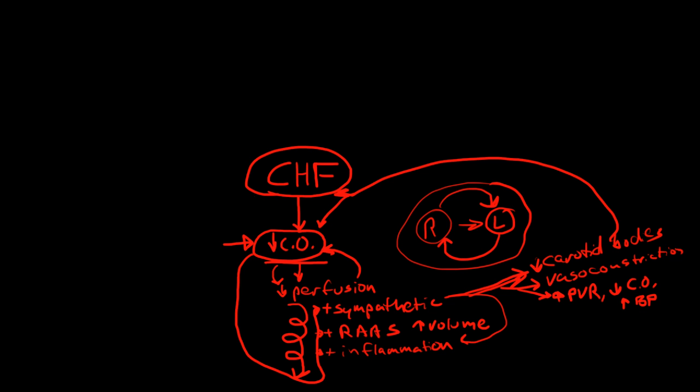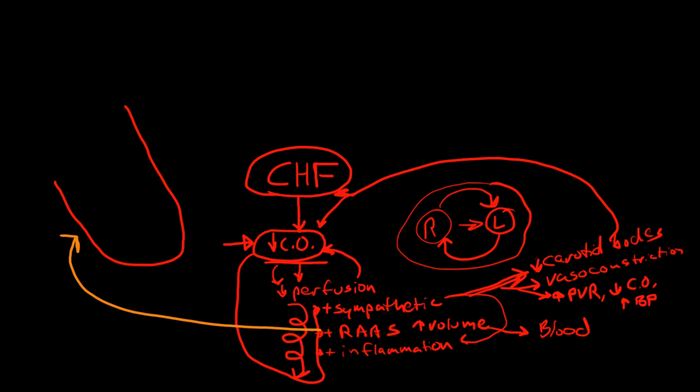Then the renin-angiotensin system increases blood volume. But the renin-angiotensin system also has a significant problem, because the angiotensin actually travels to the myocardium and stimulates remodeling of the myocardium in the left ventricle.